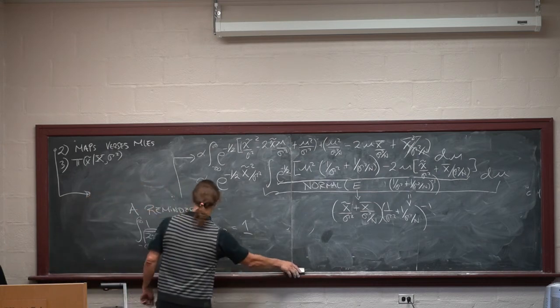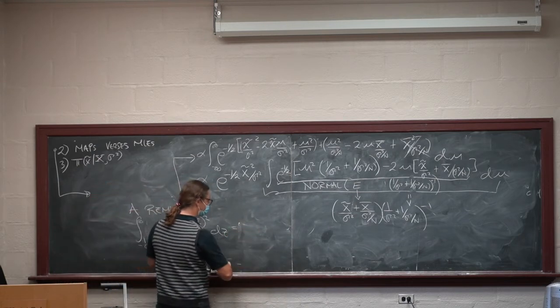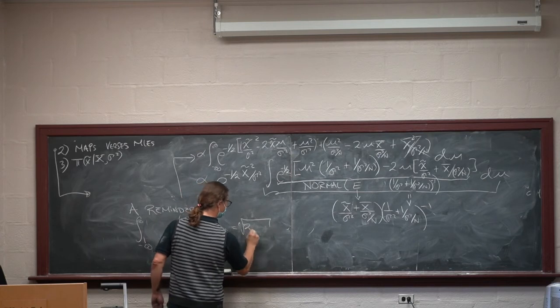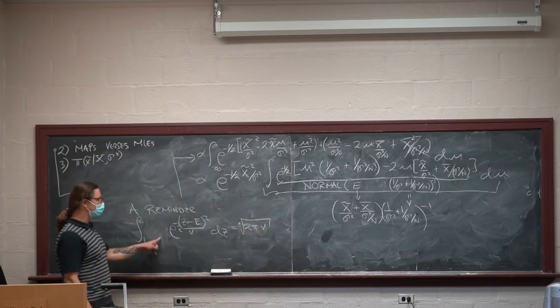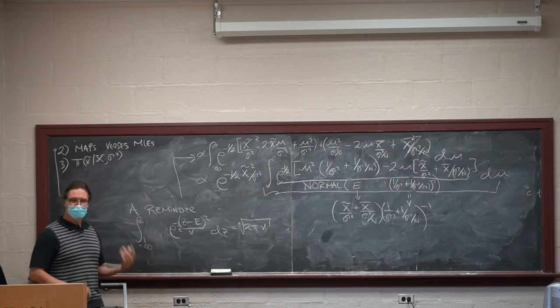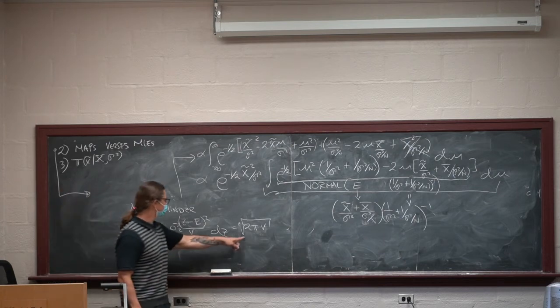So I'll just do a little bit of rearrangement. And I'll write this down as root 2 pi v. I hope I have that v inside of the square root. I don't know if I did a second ago. But anyway, it's like this.